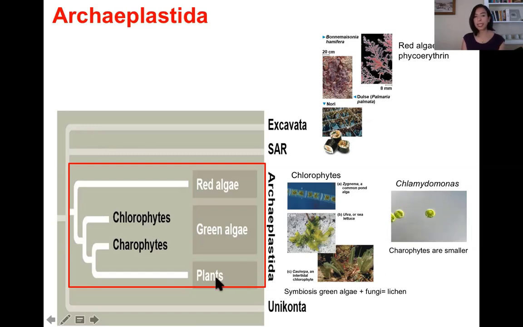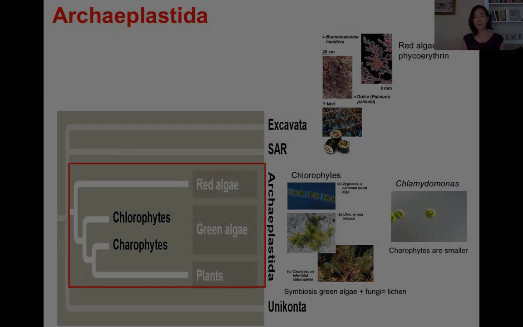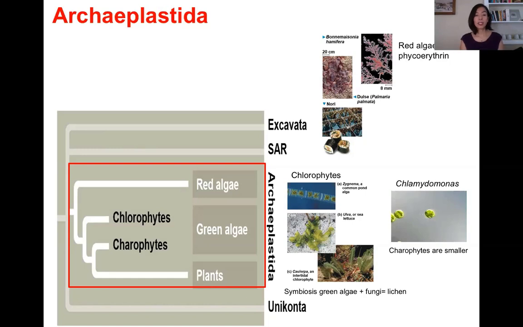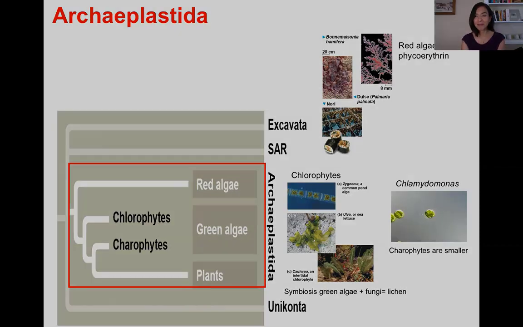And then we have plants. And we're going to be covering plants extensively in later modules. And later we're going to have Unikonta, which has amoebozoans and opisthokonts. And opisthokonts actually include humans in Animalia, fungi, and other groups. But we're going to be covering that later in the second half of this semester.